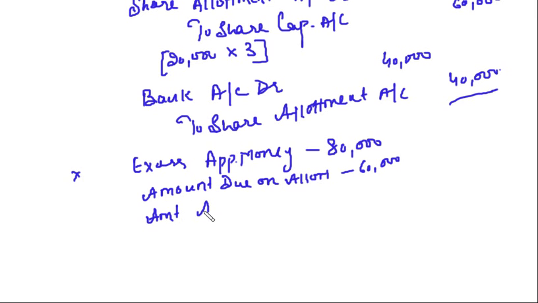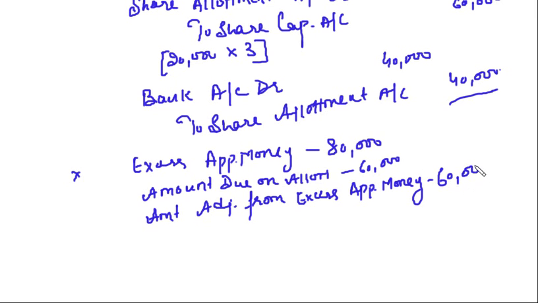Amount adjusted from excess application money: how much will you adjust? You have 80,000 rupees already in your pocket. Now the amount due on allotment is 60,000. You say, I have already received your money, do not pay me anything. I have your excess money. Out of this 80,000, you adjust 60,000 towards allotment money.